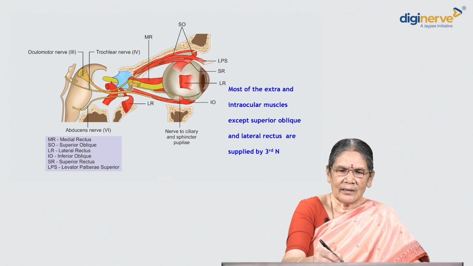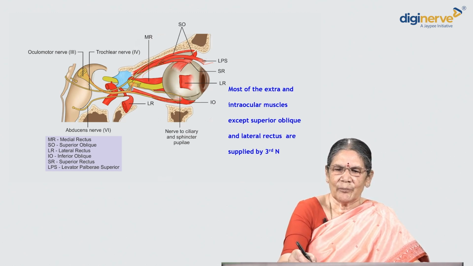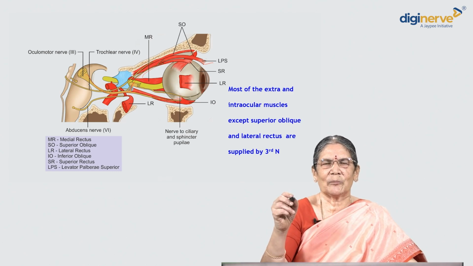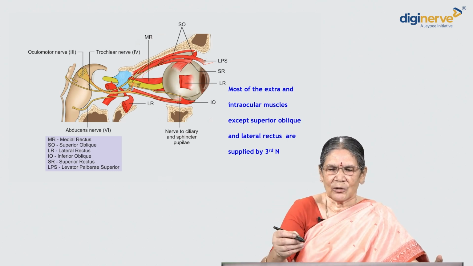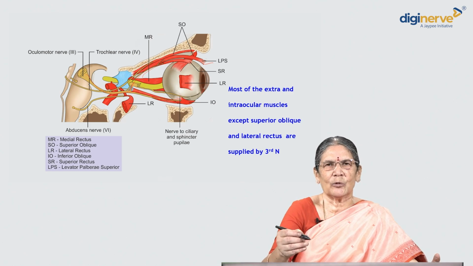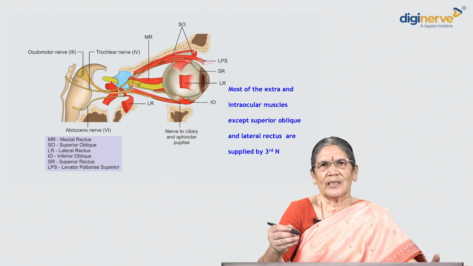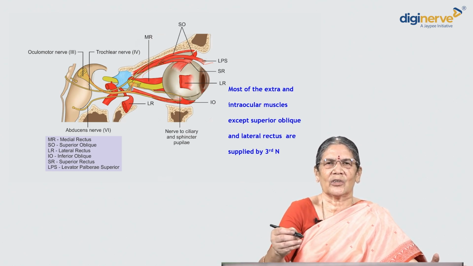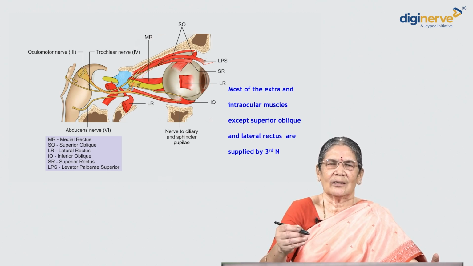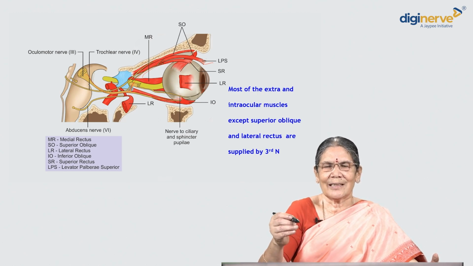There is also a group of fibers which go to the ciliary muscle and the sphincter pupillae. So on the whole you have 6 or 7 groups of muscles, both intraocular and extraocular, supplied by the oculomotor, or commonly termed third cranial nerve. That is the importance of the third nerve to the eye.